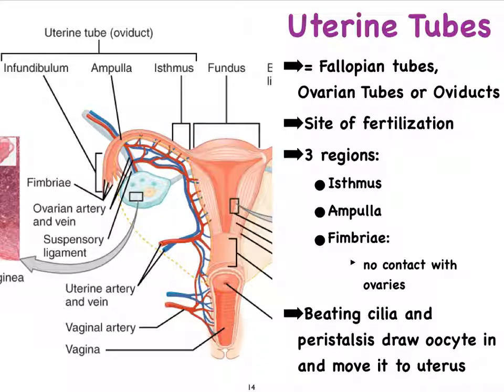These fimbriae do not contact the ovaries, but they do move around in the surrounding fluid here, and those movements of those fimbriae, plus the fact that the lining of our fallopian tube is ciliated, and the beating of the cilia together with the movement of the fimbriae will draw in an egg that ovulated into our fallopian tube.